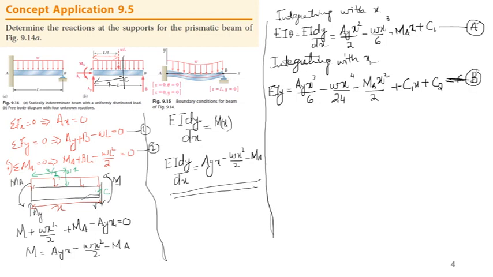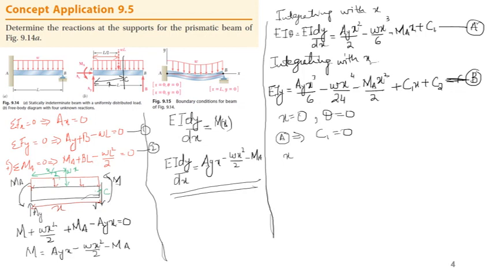Okay, now what boundary conditions will we have? At x is equal to 0, we have theta is equal to 0. So if we put this value, equation A will give C1 equal to 0.